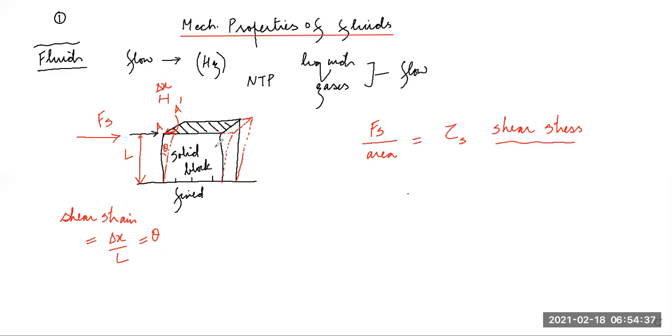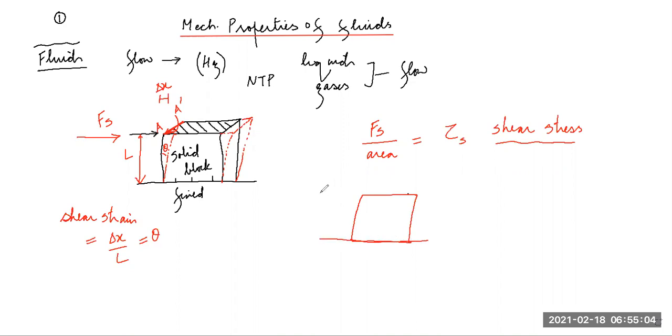In case of solids, this face of the solid offers some resistance against the shear force, right? Every solid, let's say this is some rubber block, and let's say the bottom of the rubber block is again hinged or fixed to the surface.